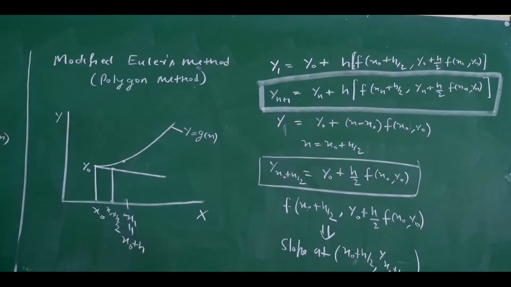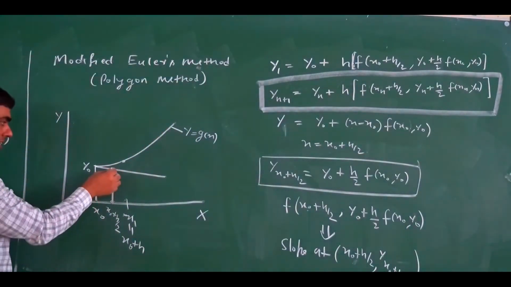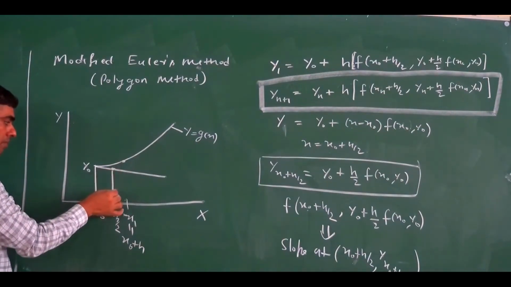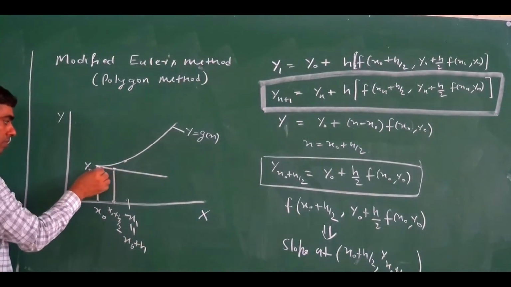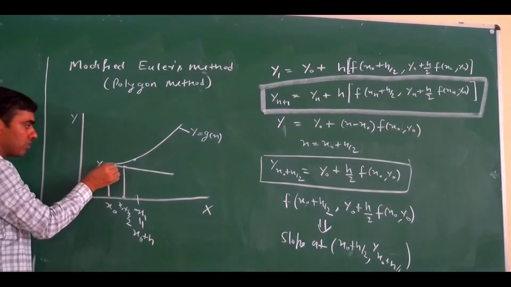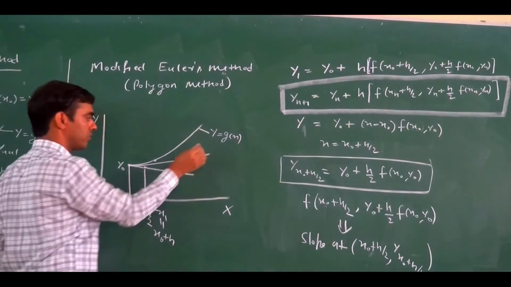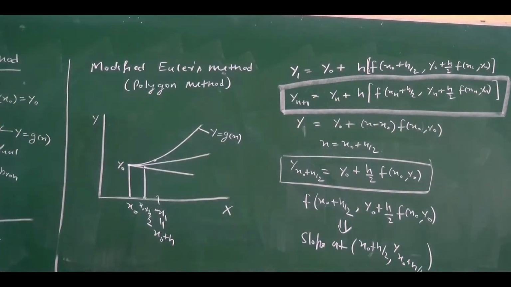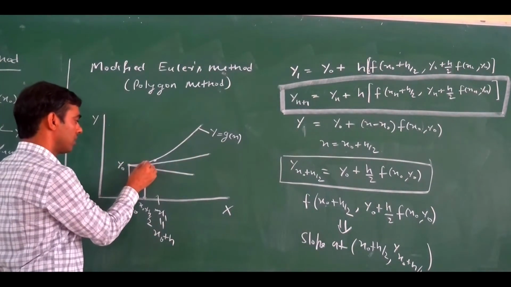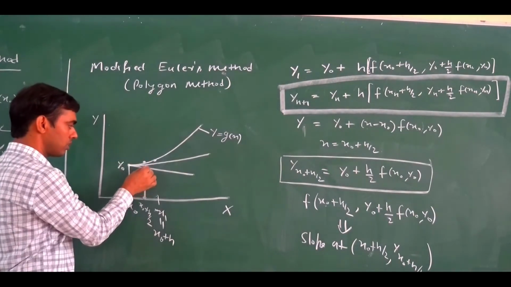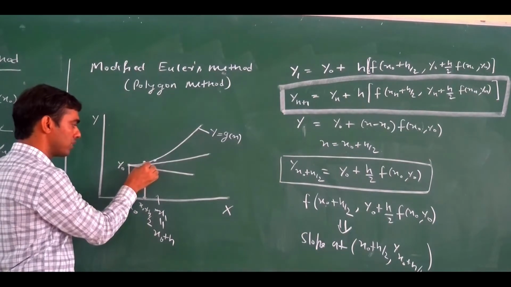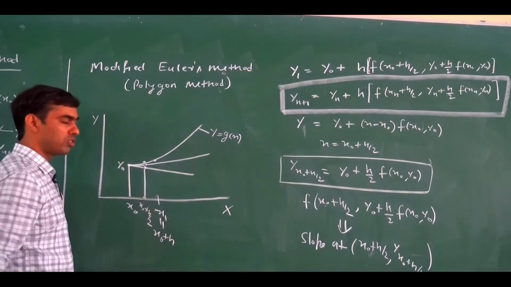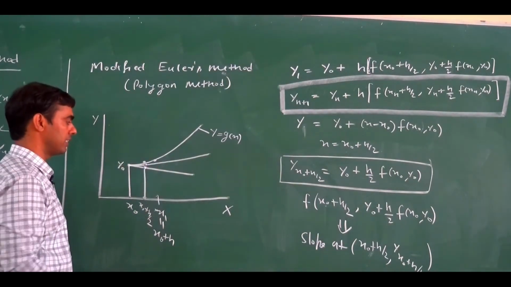And geometrically what will happen? If we draw the tangent with the slope at this point, this one is the equation of a tangent. This one is the actual value, this one is the approximate value by the Euler method, and this one is the approximate value by the modified Euler method.